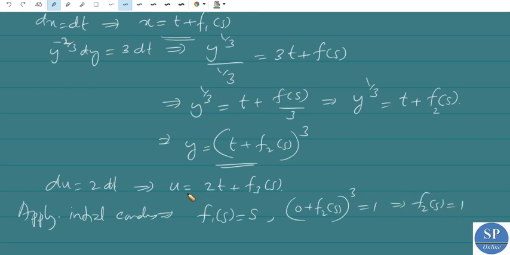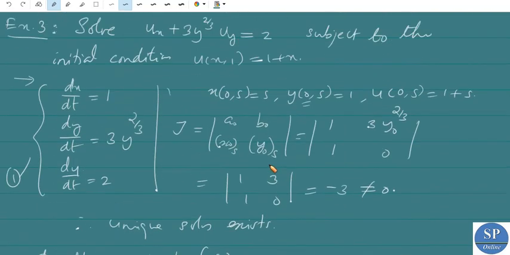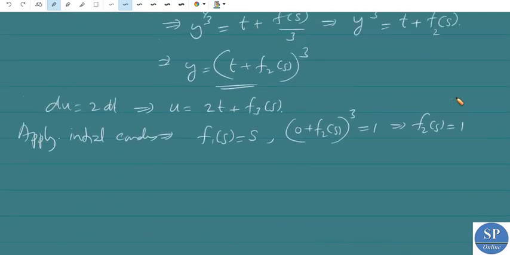And from the last one, the condition is u(0,s) = 1 + s. So 1 + s = 0 + f3(s), hence f3(s) = 1 + s.